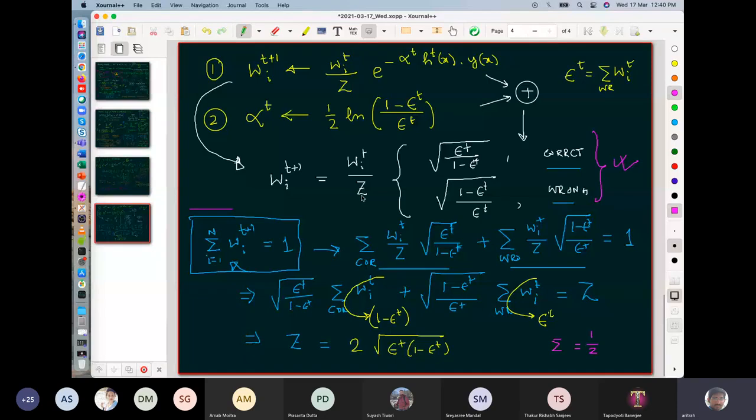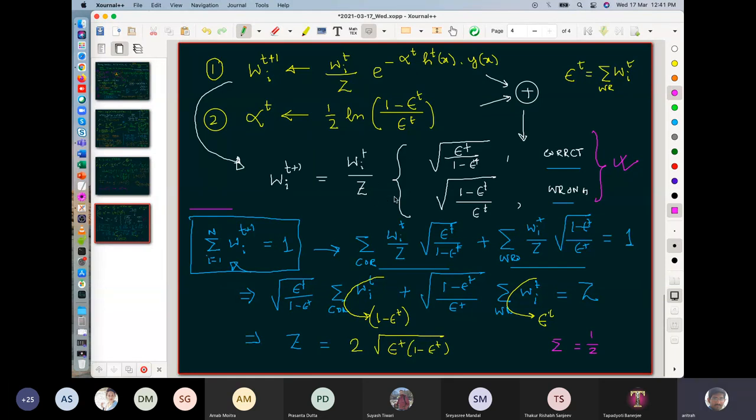You see, you plug this in Z, multiply with this, what will happen? Epsilon t will cancel, right? And in the bottom, you will get 2 into 1 minus epsilon t. Are you getting it? If I take a sum of all the correct points and the sum of all the wrong points. Just do it in your notebook. Not everything I will do. Do it in your notebook. Make it 2 here.